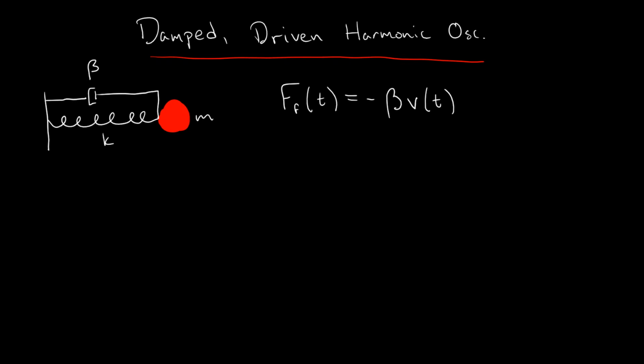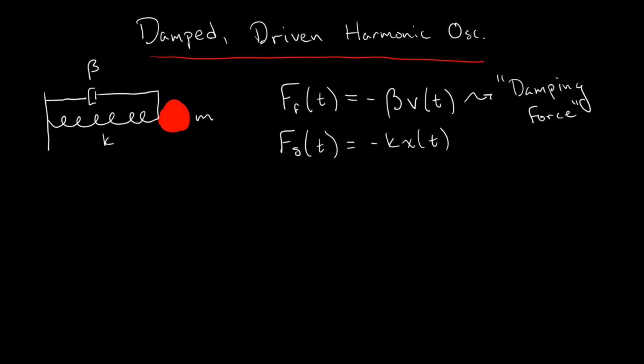And the force just acts in the opposite direction of the velocity, but it's proportional to the velocity. So the faster this thing is moving, the more of a frictional force this is going to feel. And this is typically called a damping force. Okay. We know that from a spring, the force that this is going to feel from the spring is just going to be minus kx of t.